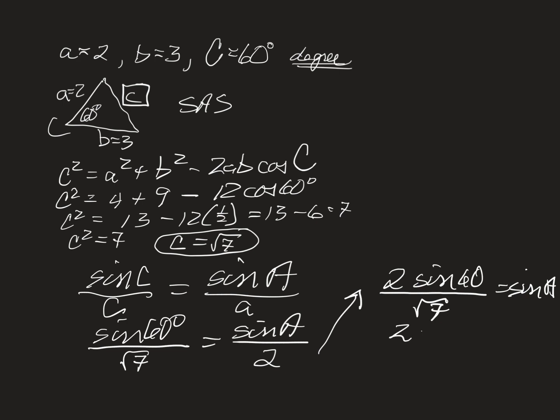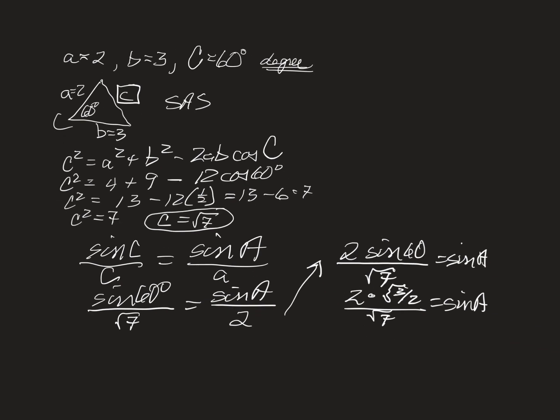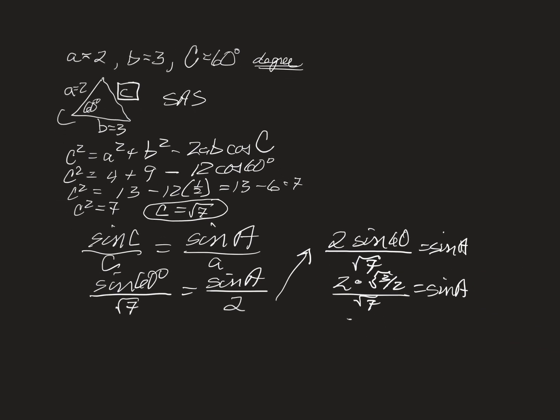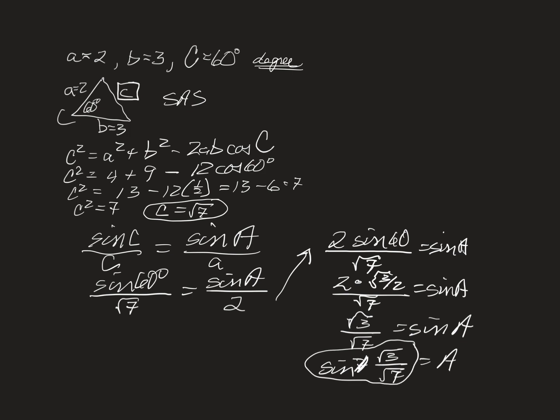So this becomes 2 times the square root of 3 over 2, over the square root of 7, equals the sine of A. And then that becomes the square root of 3 over the square root of 7 equals sine A. So the inverse sine of the square root of 3 over the square root of 7 is equal to angle A. If I can figure that out on a calculator, then I can go from there.